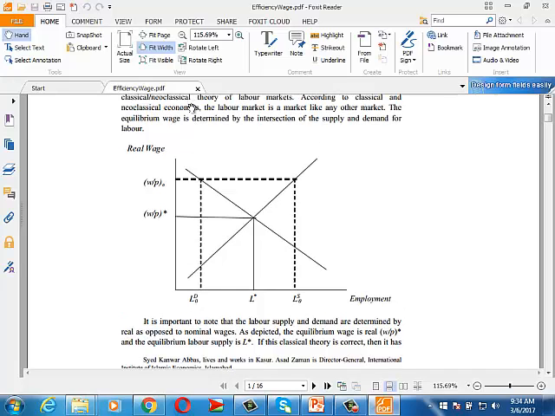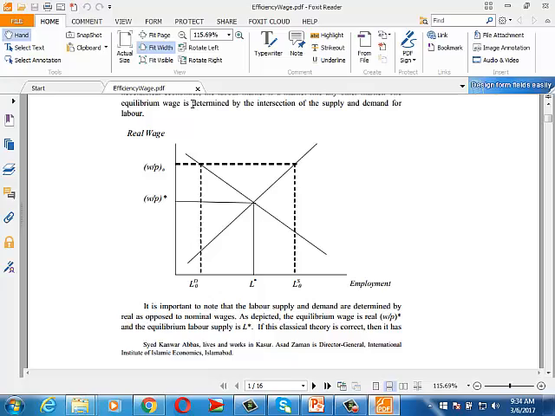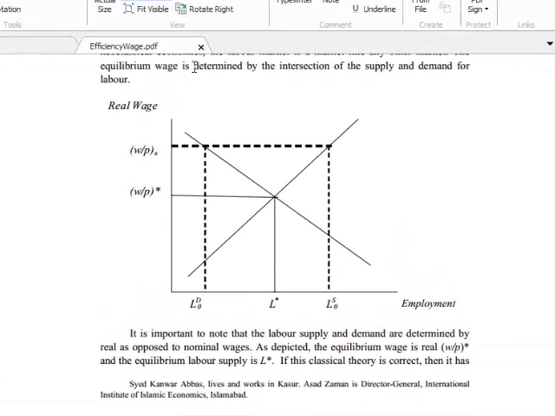So this is the standard theory of labor markets which you have studied, which was rejected by Keynes and then reinstated, because basically Samuelson and Hicks sterilized Keynes.